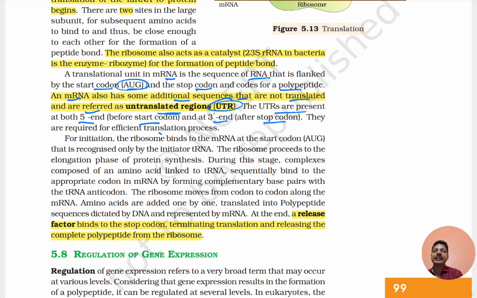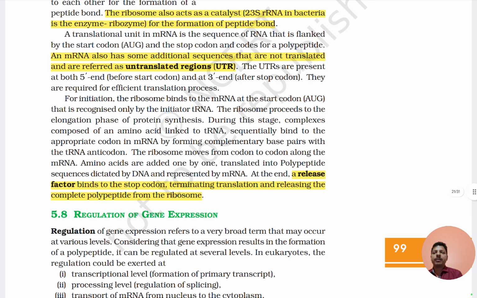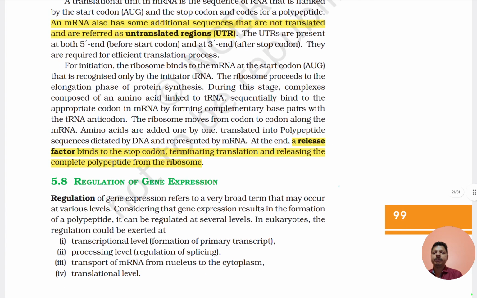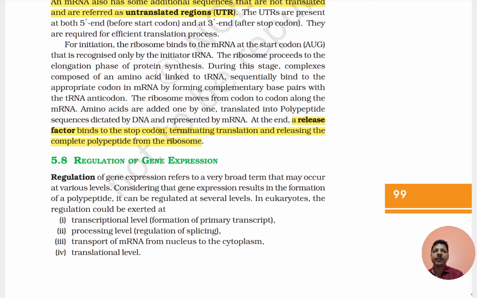They are required for efficient translation. Then the process given: initiation, then elongation, and finally termination. At the end, a releasing factor binds to the stop codon, terminates translation, releasing the complete polypeptide from the ribosome.